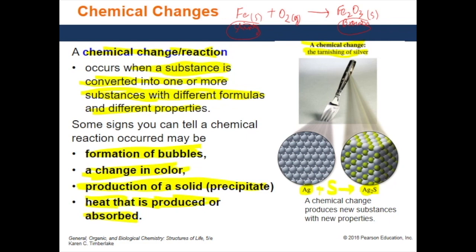Methane reacts with oxygen in air to produce carbon dioxide and water, and that produces a flame. In that reaction, we are supplying one type of gas, and after burning it is converted into something chemically very different. So that is an example of a chemical reaction as well.